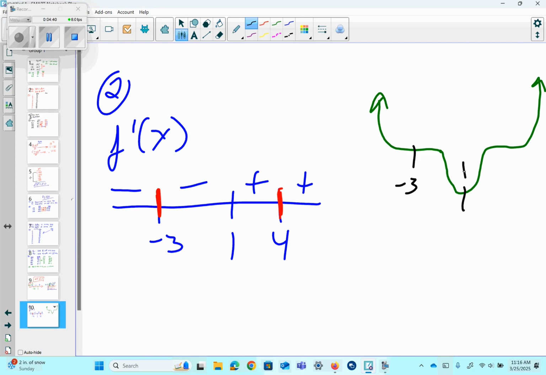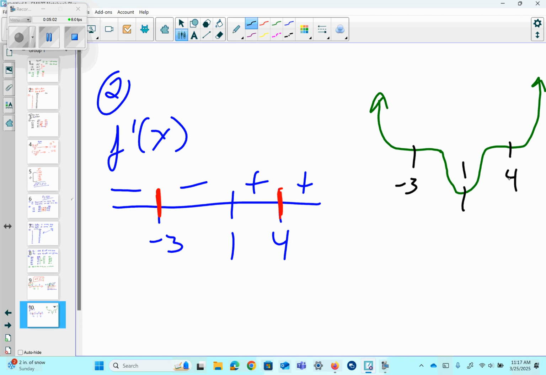At 1 is where it switched directions, went from negative to positive. And then at 4, you have another point of inflection. So that's an okay way of drawing it. Did I do that right? Negative, negative, and then positive. Yes, that works. Cool.